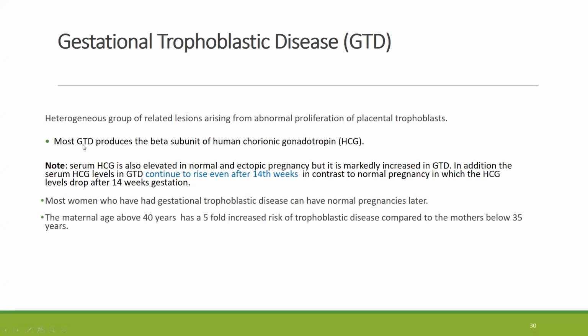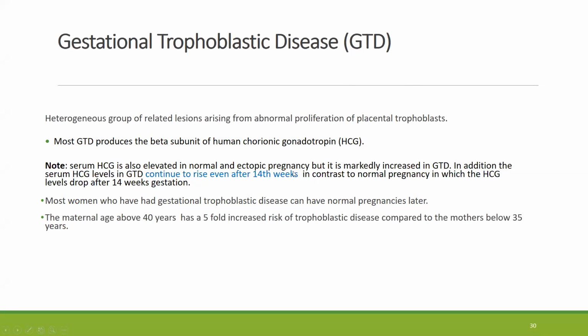Most of the gestational trophoblastic diseases, because it's proliferation of the trophoblast, show increased production of beta HCG as a product of the trophoblast. Serum beta HCG is very important to detect gestational trophoblastic disease.